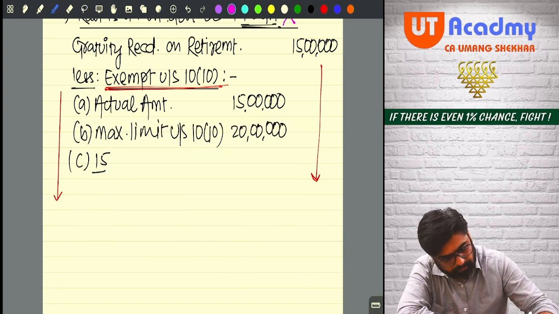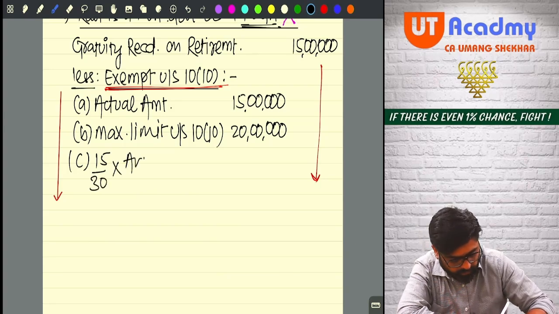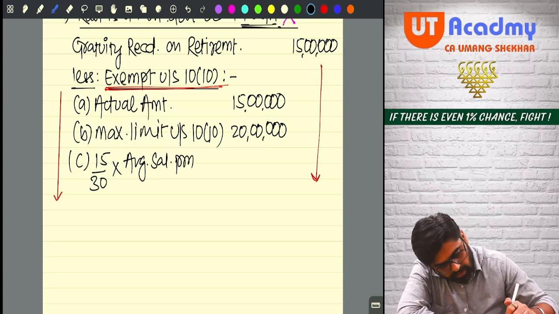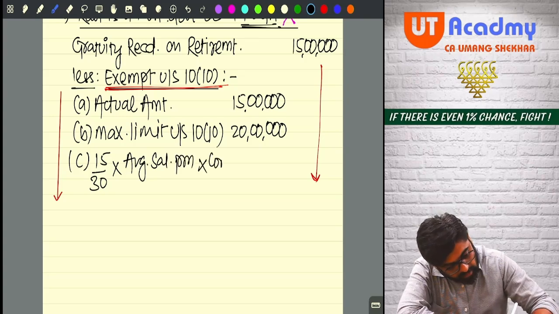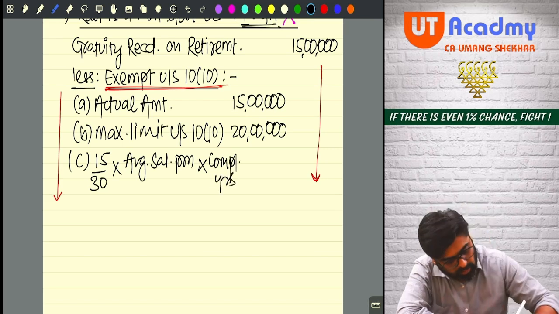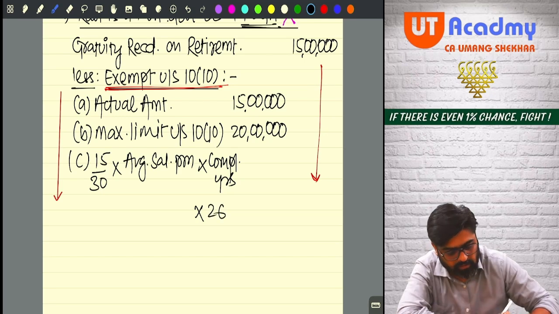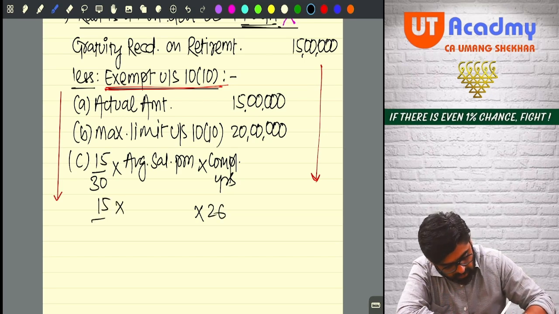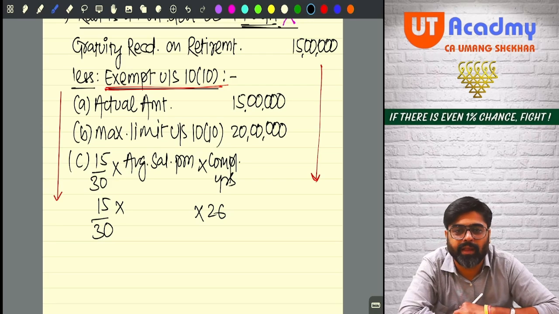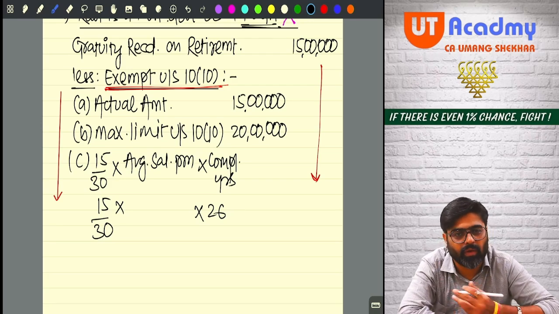So I will do 15 by 30 into average salary per month, into completed years I will take now. Completed years I know is 26. I know 15 by 30 also. Now I will have to calculate the average salary. If you calculate this correctly, your answer will be correct.